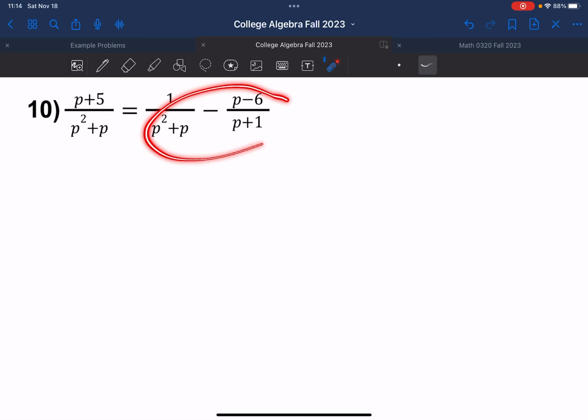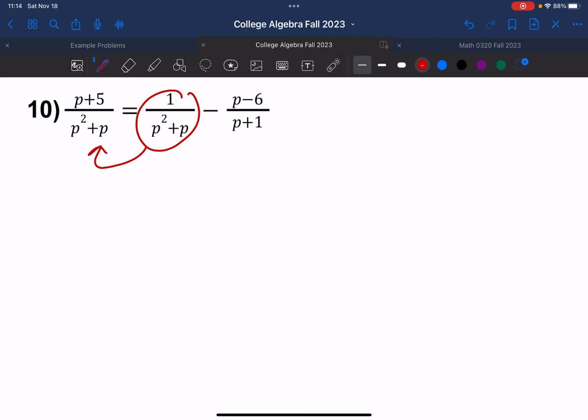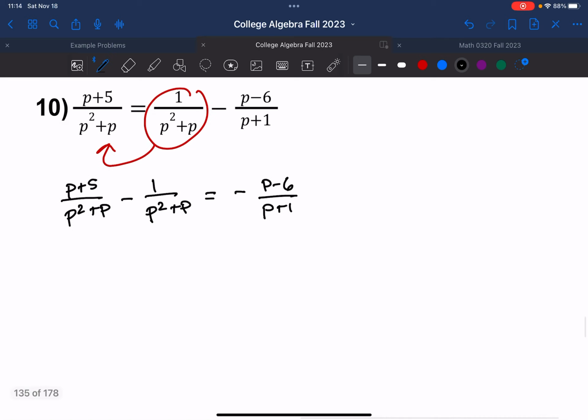So instead of trying to get this as a common denominator, we're just going to move this fraction over to the left by subtracting it. So I have p plus 5 over p squared plus p minus 1 over p squared plus p is equal to negative p minus 6 over p plus 1. Okay.